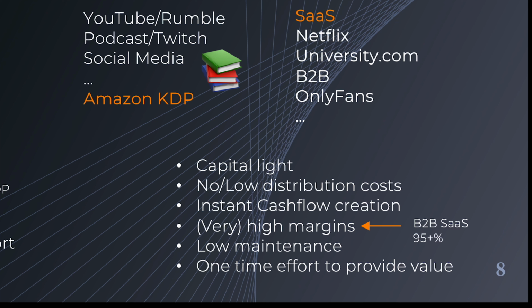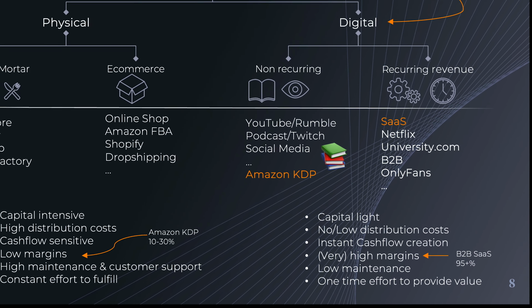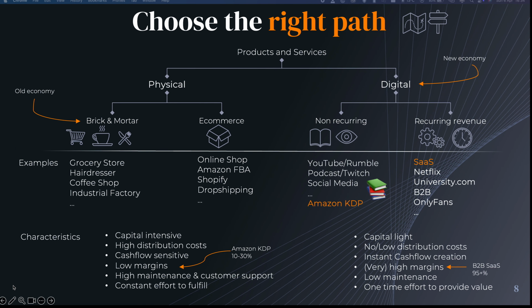Your margins are really high, the maintenance is quite low, and you have a one-time effort to provide value, aka creating a book. So that's why Amazon KDP sits on the digital side, and it's the most preferable business model in the current times.